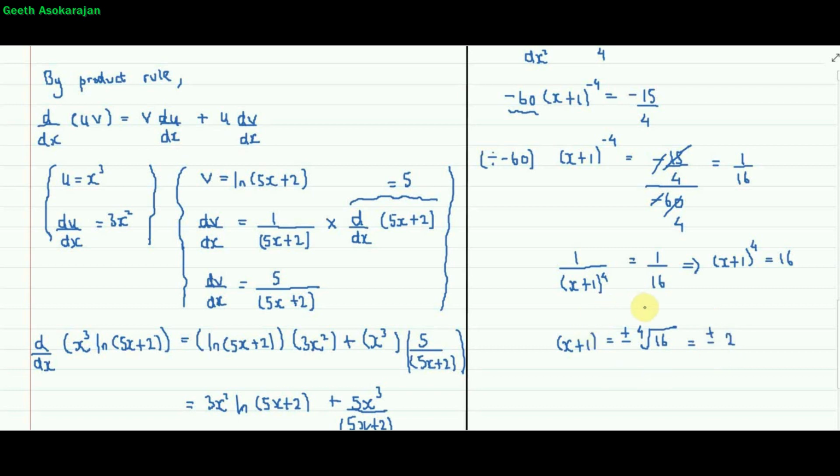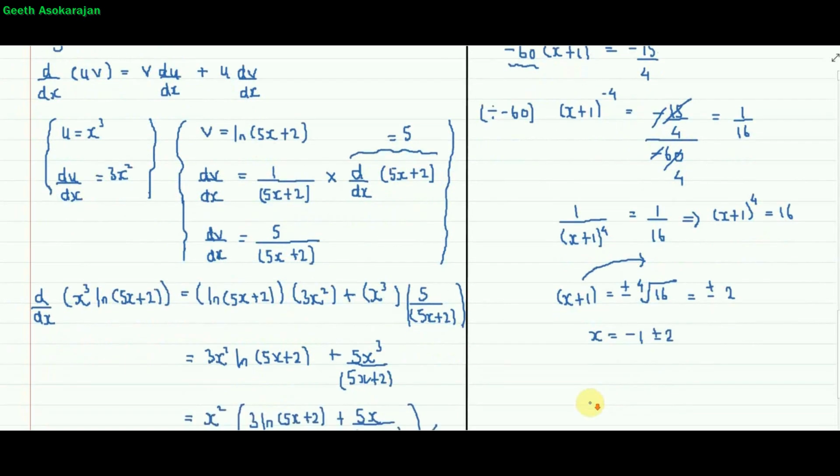If I therefore take the plus 1 to the opposite side, x is going to be minus 1 plus or minus 2. So here are the values of x. If I scroll down, x is going to be minus 1 plus 2. Minus 1 plus 2 is plus 1.